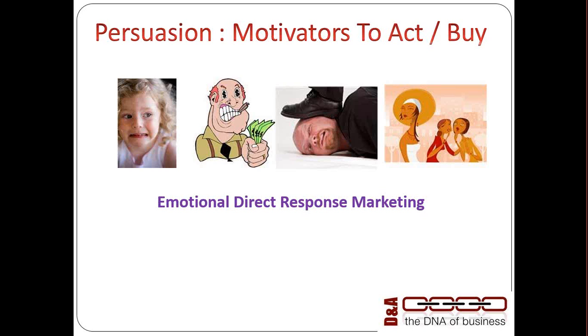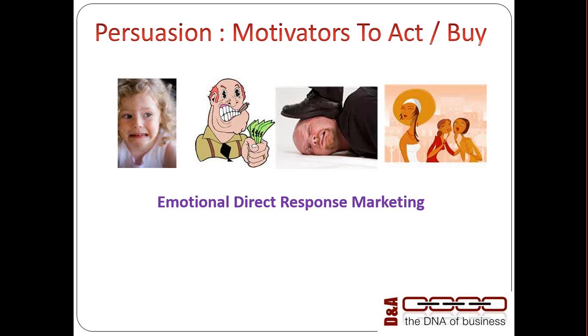And by the way, my wife knows I use that example all the time, so I have her permission. So it's about emotion, and direct means you're targeting your Class A prospects. So you're targeting your niche. Hopefully you've got a niche that you market into, or it could be a number of niches, but if you're marketing into a niche, then you know a lot about that particular niche. You know exactly which buttons to push and how to get a response from them.